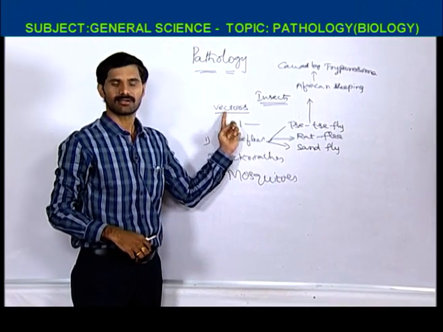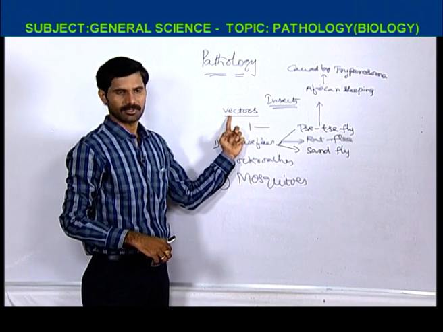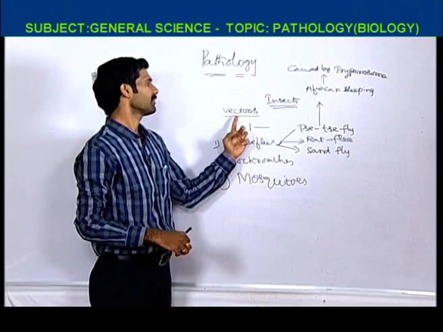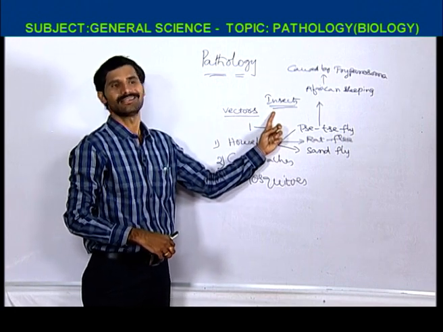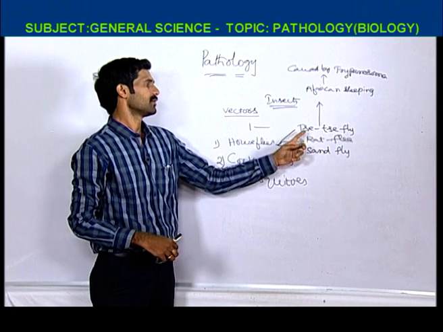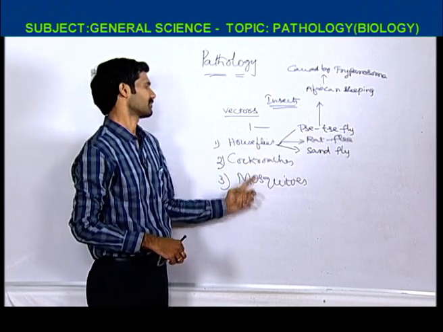What is meant by vector? A vector is a disease-spreading organism, or organisms by which diseases are spread are called vectors. Vectors are usually insects. For example, houseflies, cockroaches and mosquitoes are the vectors.